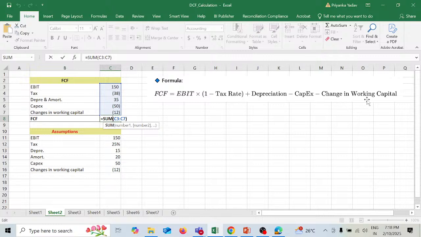Change in the working capital, this is deducted. Now, change in working capital, this is difference between your current assets and current liabilities. If your working capital increases, that means more cash is tied up. If the working capital decreases, so more cash is available.